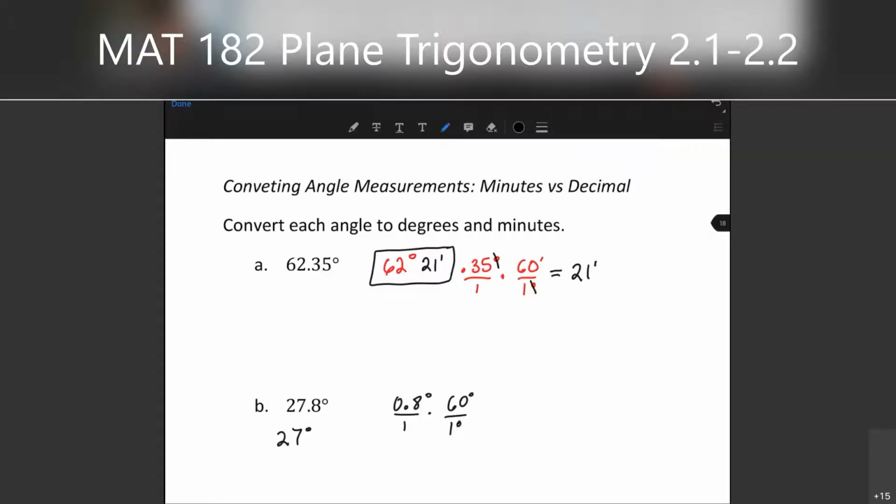If we multiply through with that conversion ratio, what would be our minute calculation? We multiply across there, 0.8 times 60. Anya, you got it? Yeah, 48 minutes.